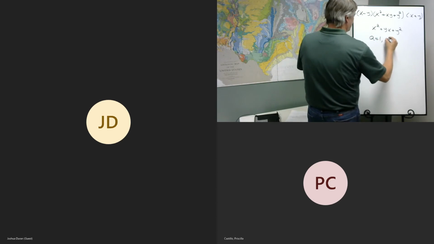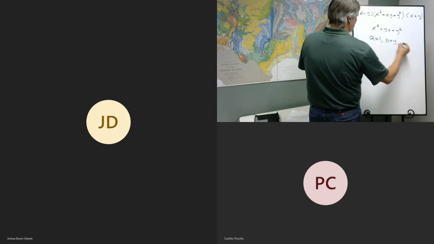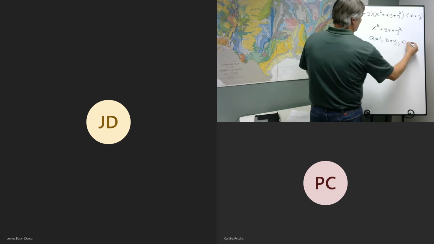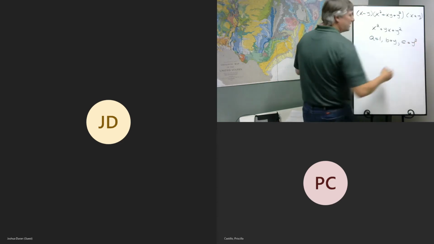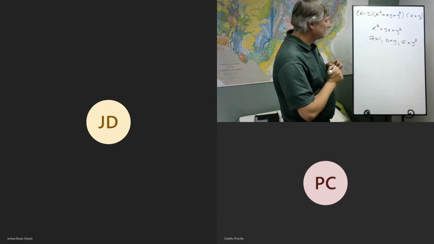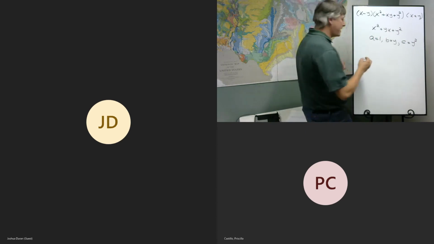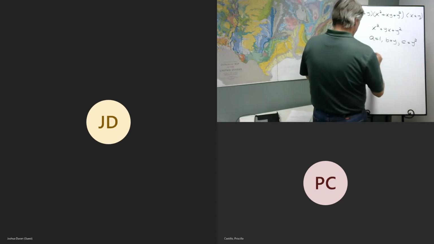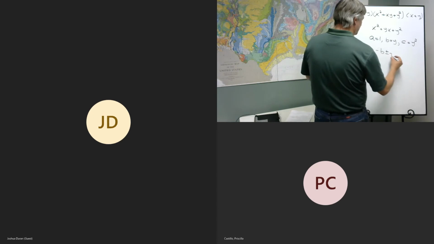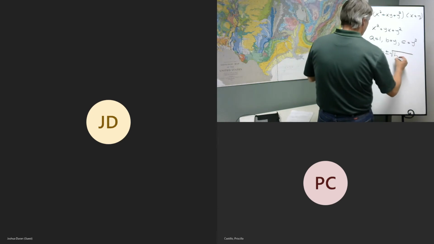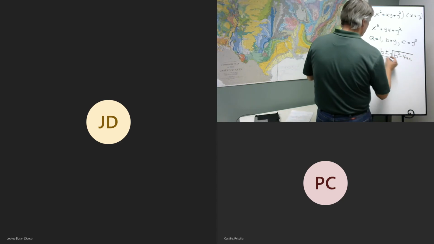where A is 1, B is y, and C would be y squared. So if we do that, we solve for x. So negative b plus or minus the square root of b squared minus 4ac divided by 2a.